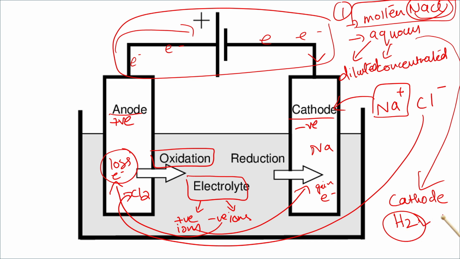Instead you will get hydrogen. There is only one exception case in the IGCSE exam, when you see the copper solution. If your aqueous electrolyte is made up of copper, for example, copper sulfate or copper chloride, then it is possible that you will not get hydrogen. Instead, you will get the metal.